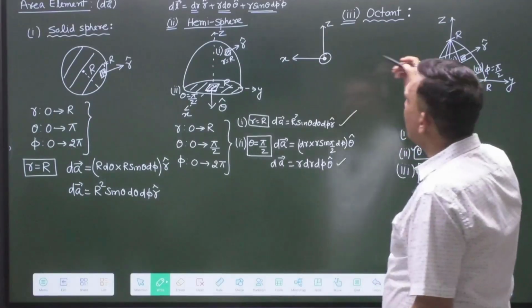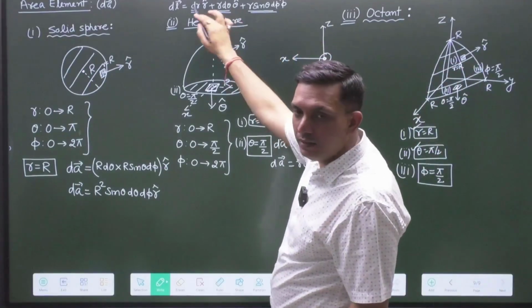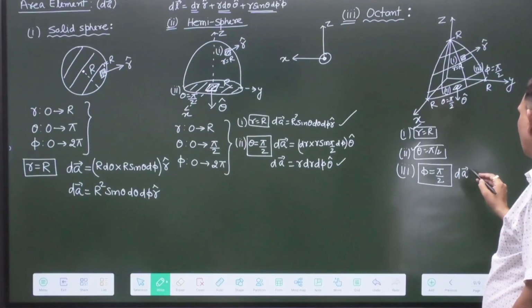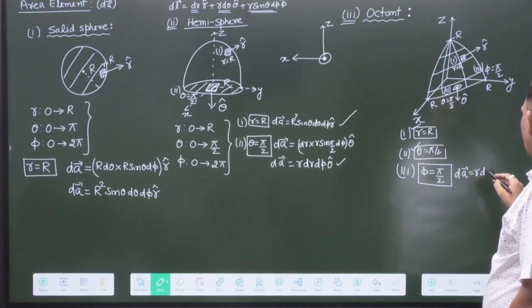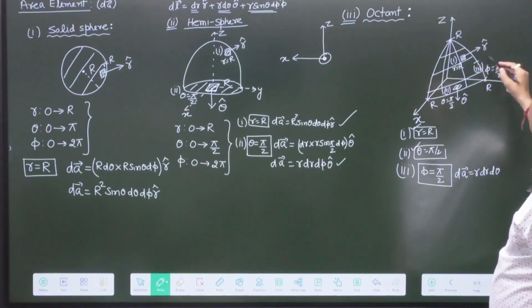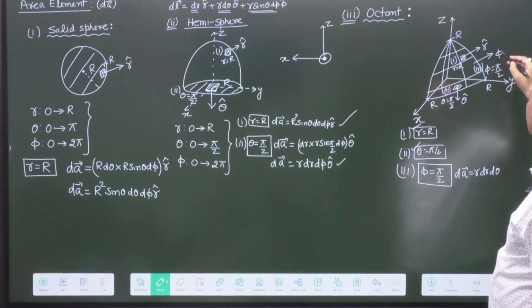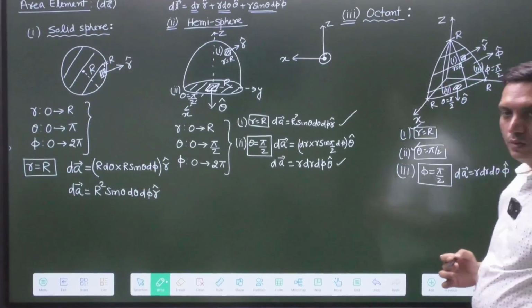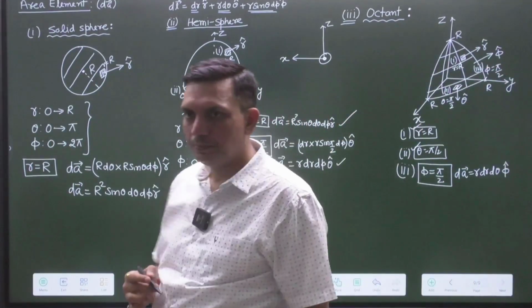And when phi is fixed, the variables are r and theta, so you have to multiply these two sides. dA is r dr d theta. And this direction is away from the surface, so that direction is phi cap.